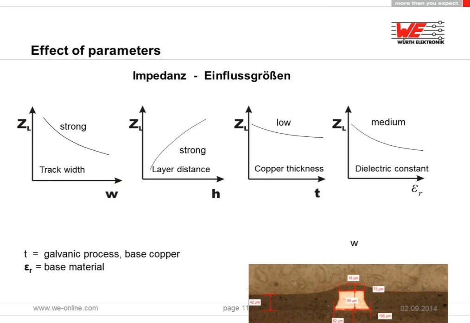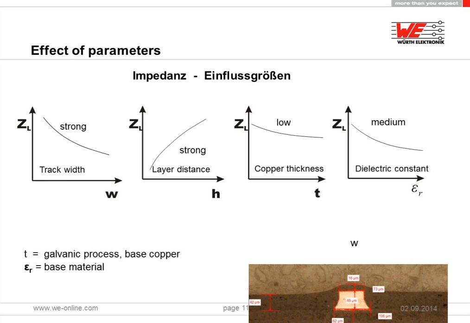So this is the result. We can show you on the right side. You can see the different line widths: 100 micron, 125 micron, 150 micron, and on the x-axis we can see the value of the separation between the differential lines, and this is all calculated for polyimide 50 micron.